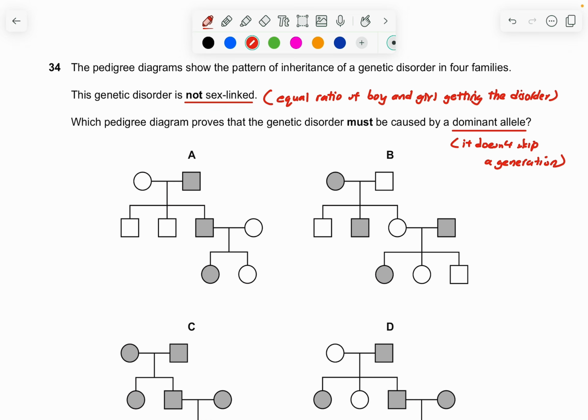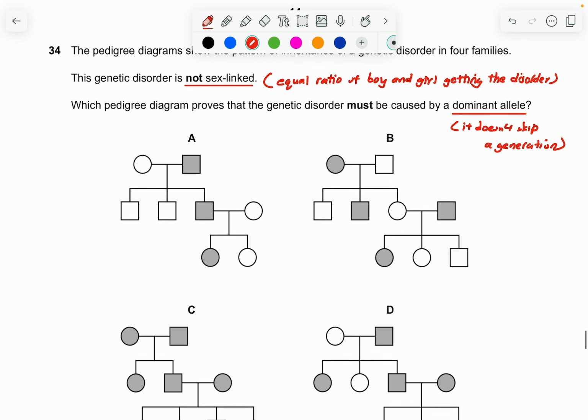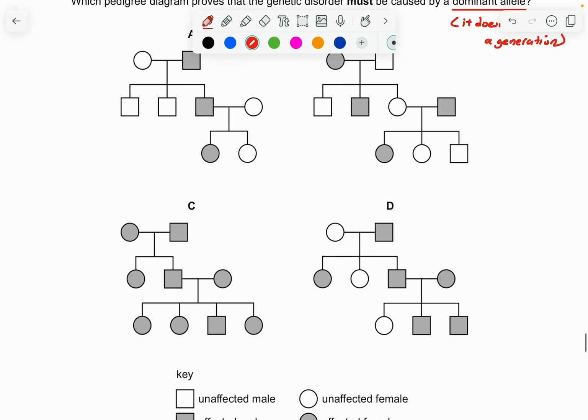Meaning if the parent generation has it, the children generation also will have it because it's dominant. Okay, so let's see which one kind of shows that that is happening. Okay, so we can remove C, because C doesn't even make sense at all.